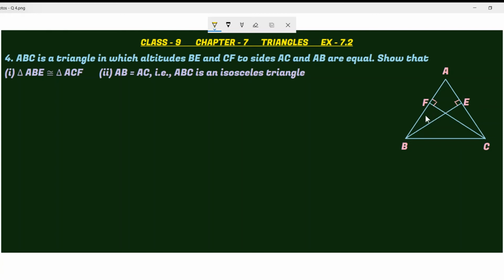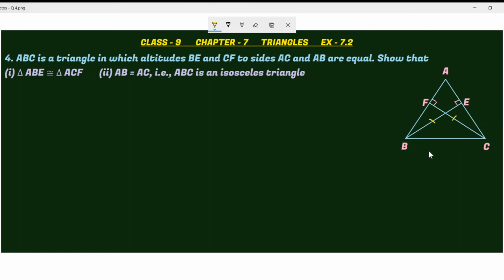Same figure as in question number 3, they have given AB and AC are two equal sides. That means ABC is an isosceles triangle. We had to prove BE is equivalent to CF. In this question, they have given these two altitudes are equal to each other.